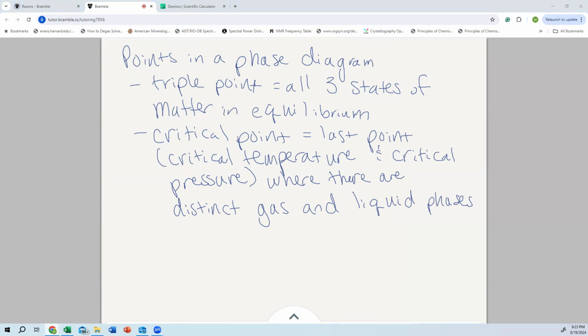A supercritical fluid is a substance that has both gas and liquid properties.